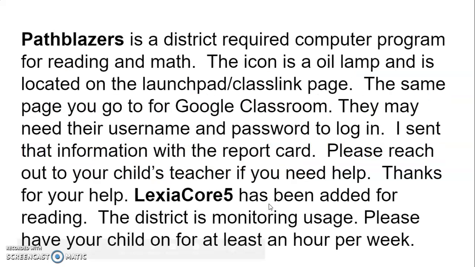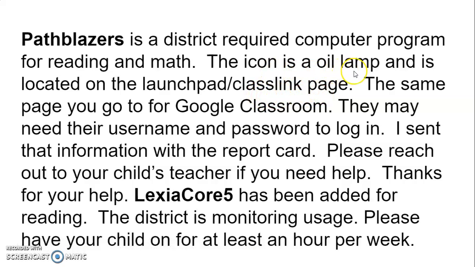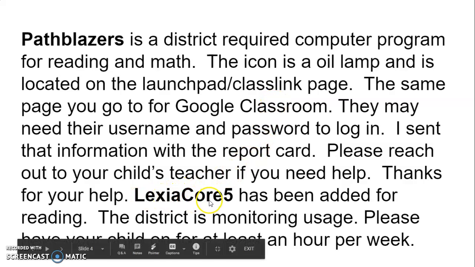The Path Blazers, remember it's through the LaunchPad class link page. It's the icon for the oil lamp, and it has reading and math. We just started a new program for reading to help kids that's called Lexia Core 5, and so make sure that they're working on that one as well.